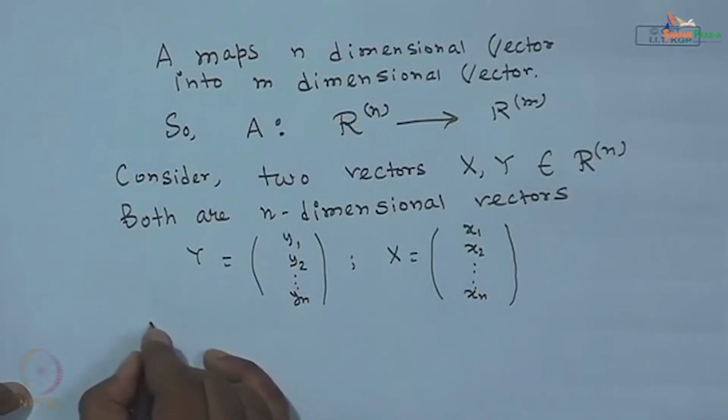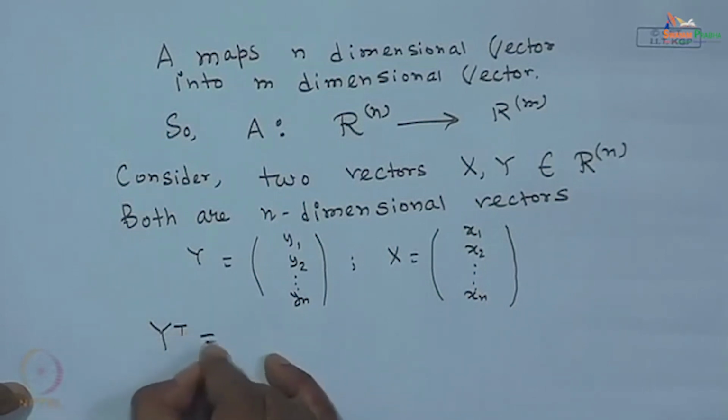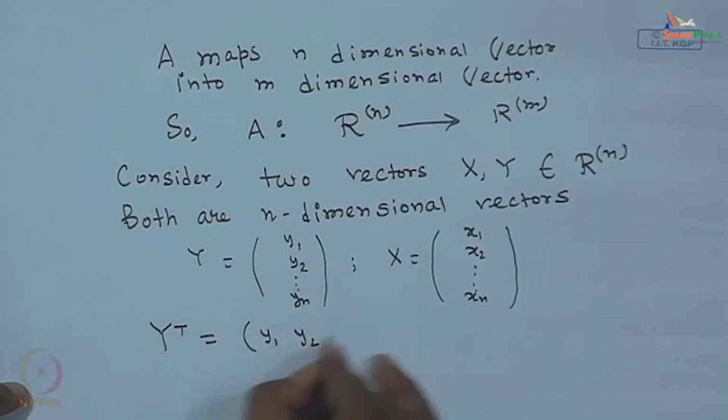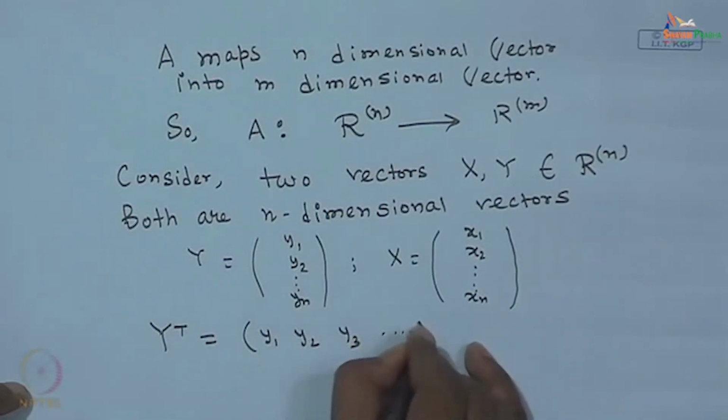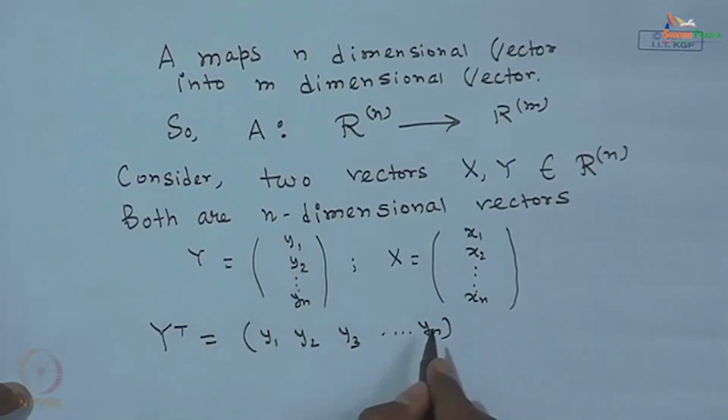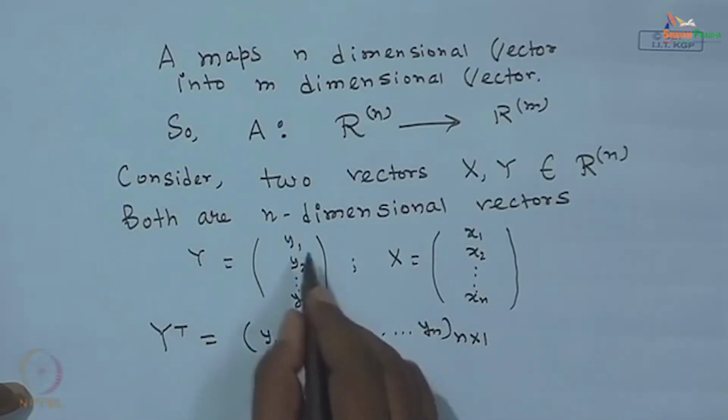Then what is y transpose? Y transpose is y1, y2, y3 up to yn. The column becomes row in case of transpose. Then it has a size n into 1. Okay. There are n number of rows.